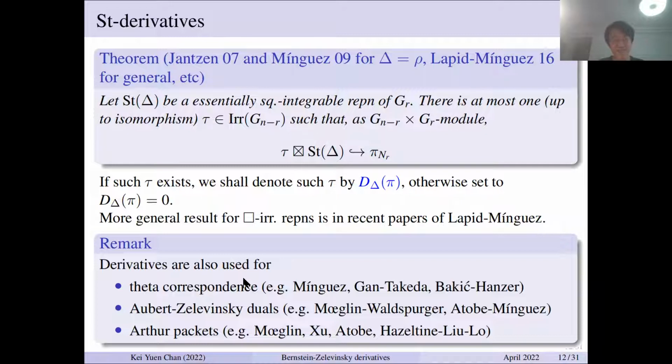This is the only place the theta correspondence appears in my talk. By Mínguez, Gan, Takeda, and also other applications about Zelevinsky duals, Gan-Gross-Prasad, Atobe, Mínguez, and then other papers by Atobe, and then also on the Monday talks by Nguyen and their students.